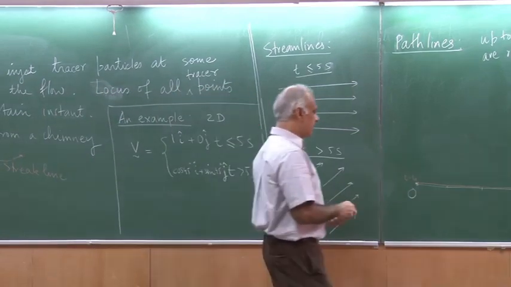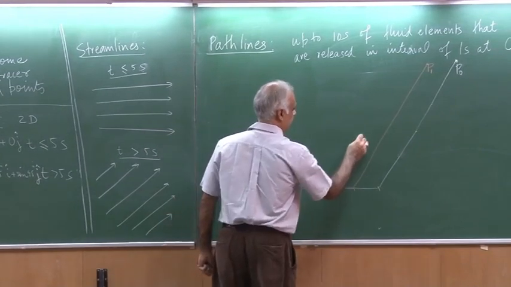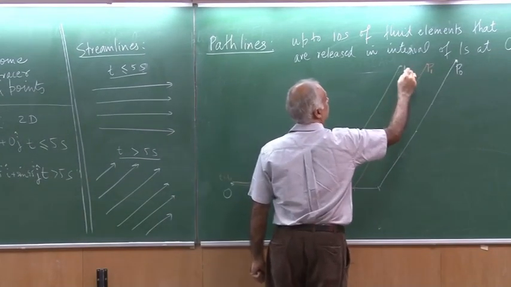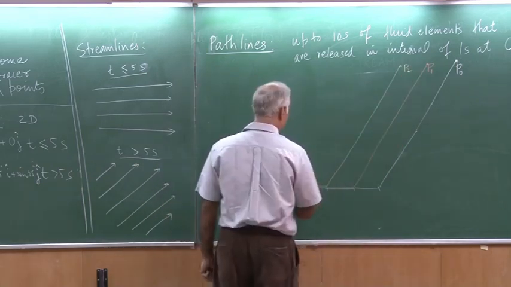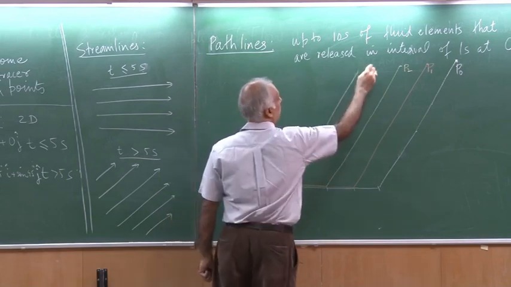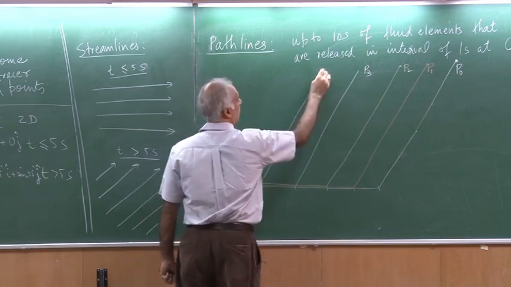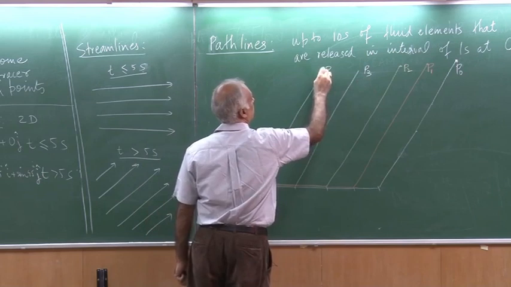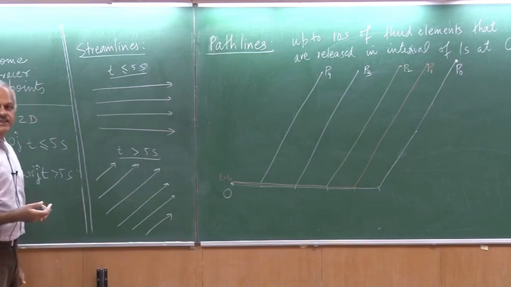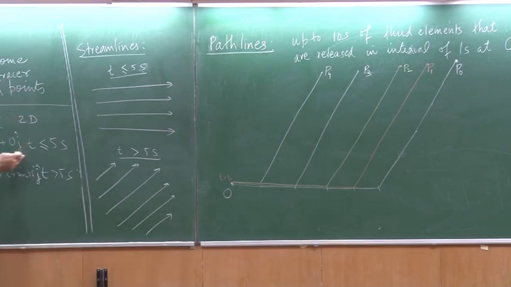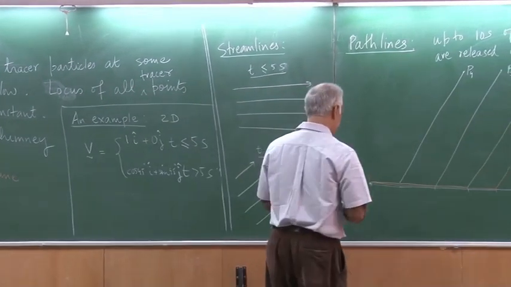Similarly, I can talk about the path of the other particles. So this is p2, and then I could draw here p3, this is p4, and the particle which is released at 5 seconds does not actually have any occasion to travel with this speed, it straight away travels with the speed here.